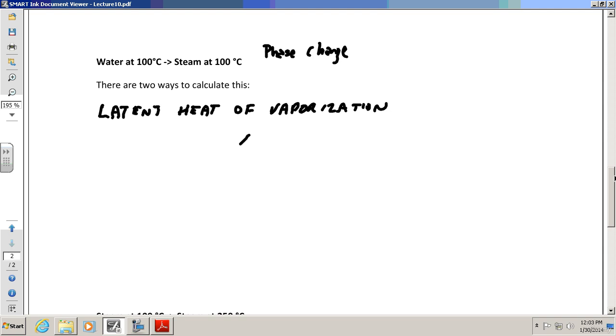The change in internal energy would then be equal to the latent heat of vaporization times the mass.